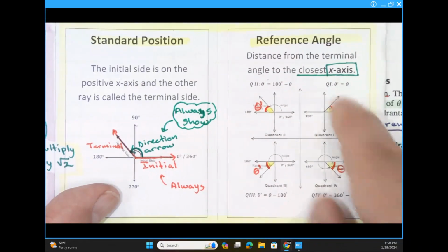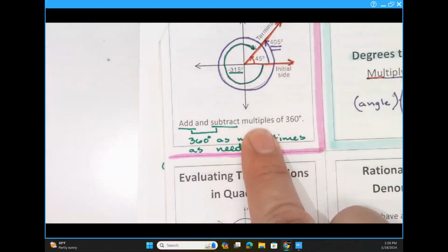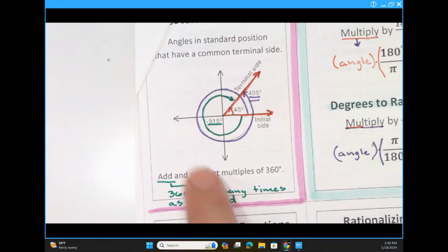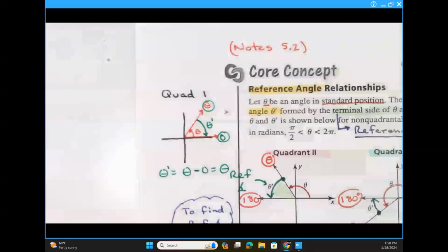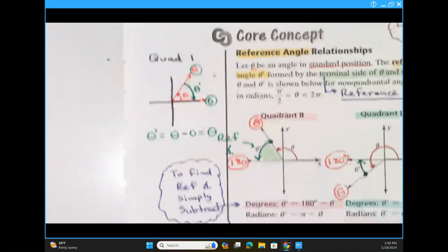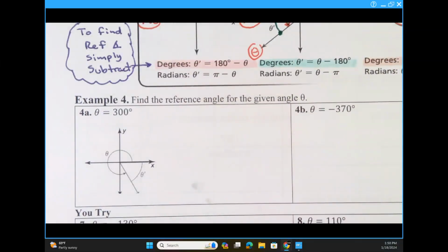If it goes beyond 360, that's when coterminal angles kick in. And remember, for coterminal angles, all I have to do is add 360 or subtract 360 as many times as I can. So that's why we save this section as the last part, because we need the concept of coterminal and, of course, reference angles. They kind of go together.